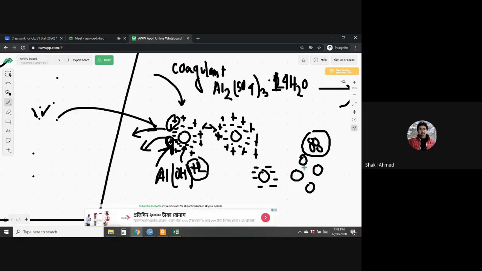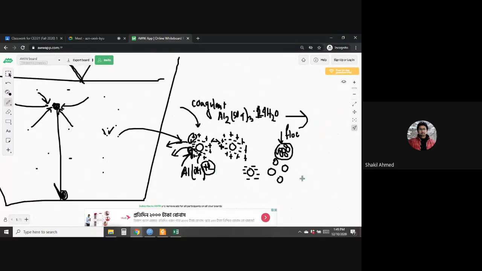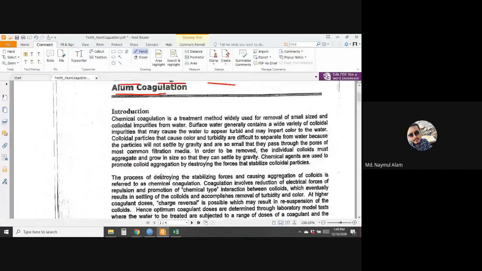Bringing them closer by stirring is called flocculation. Once they aggregate together, these are called floc. Okay, clear? Yes, sir.